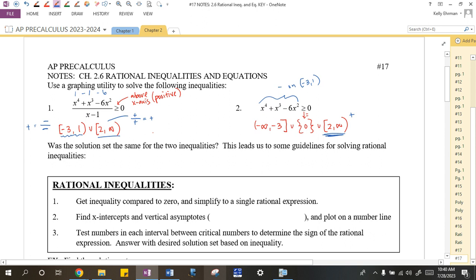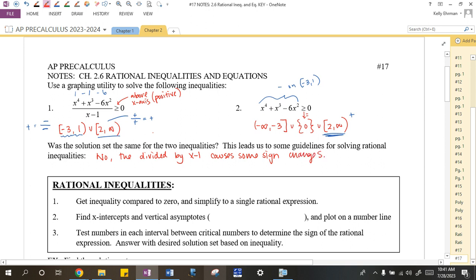So what I'm trying to get at, was the solution set the same for the two inequalities? No. I'm going to write this. The divided by x minus 1 causes some sign changes.